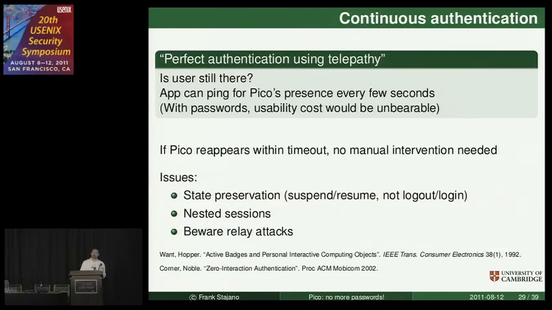So it would be great if authentication worked as with telepathy, where you say, okay, I know that you are there, therefore you will be let in, and I know that you are not there, and therefore the app will lock. And usually with the password, this doesn't happen.